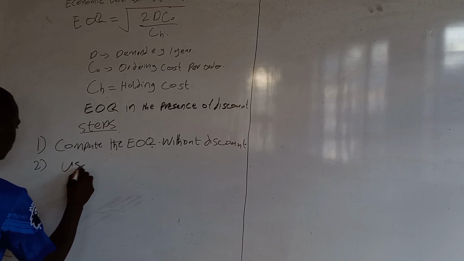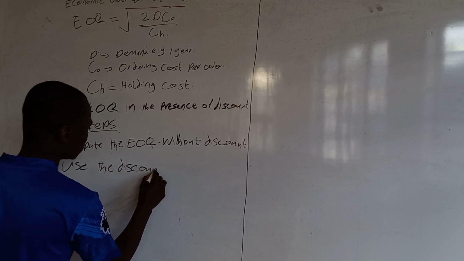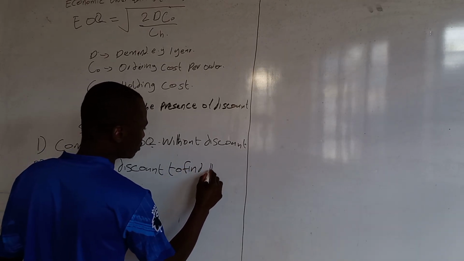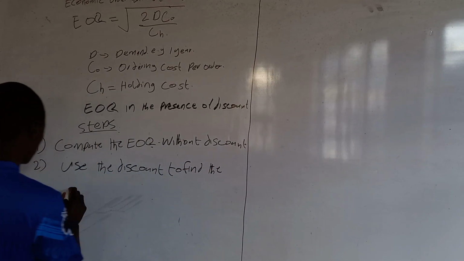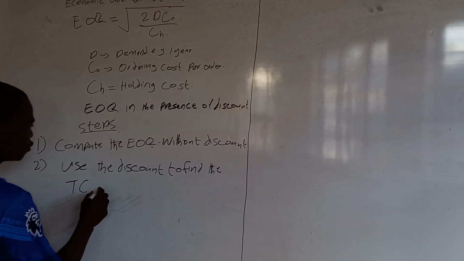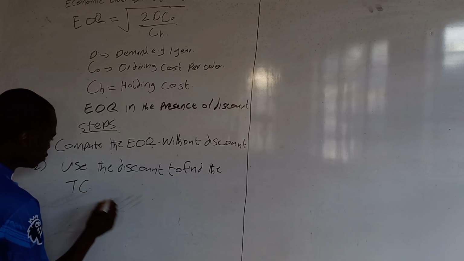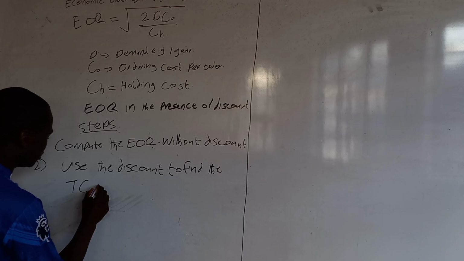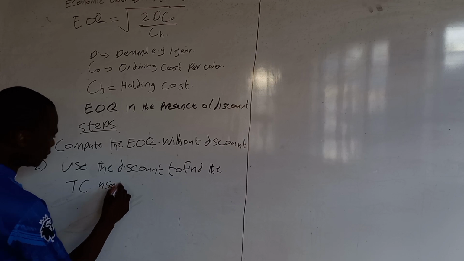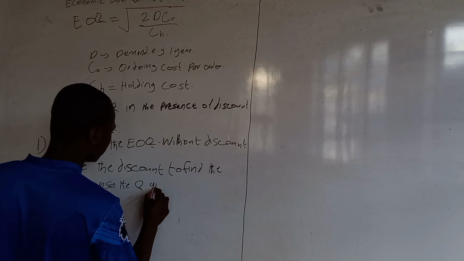Use the discount to find the total cost. Here, you are also going to use the quantity you are given, the Q given.